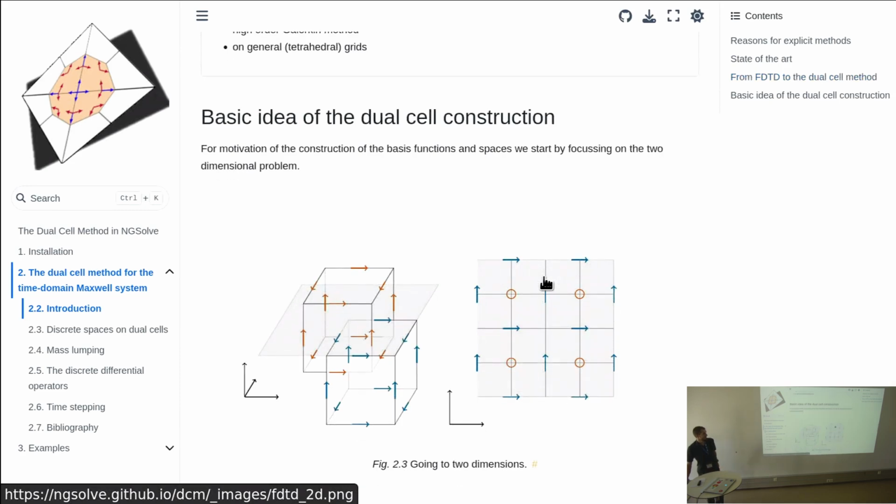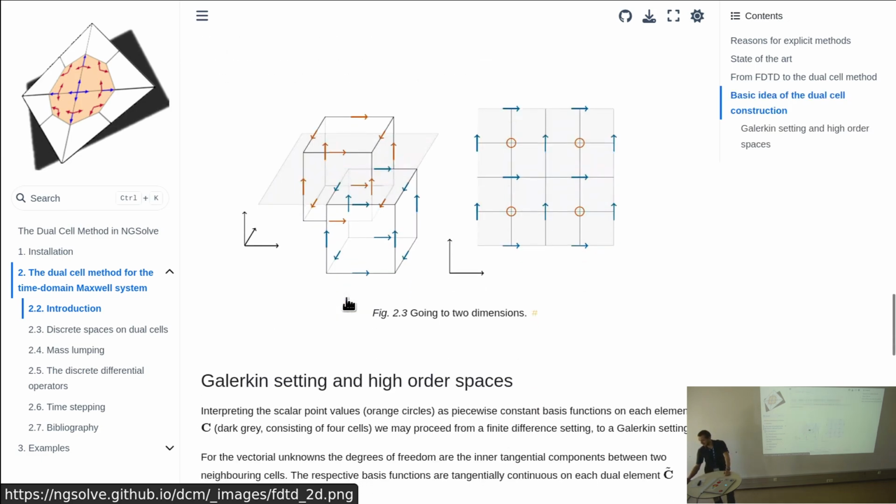So what is the basic idea of the construction? For this, I'm going to go to 2D again from 3D. If you think about this gray plane here, then the orange unknowns are scalar ones, and the blue ones are vectorial. The point values in these points would be the unknowns of a 2D FDTD simulation.